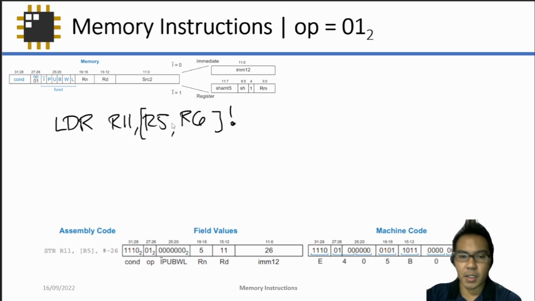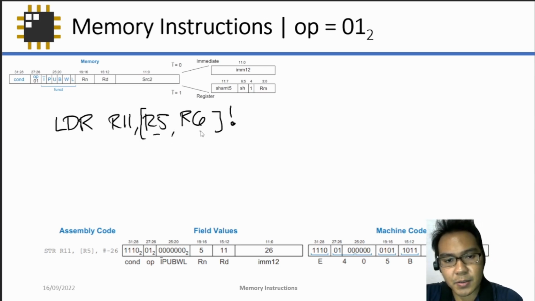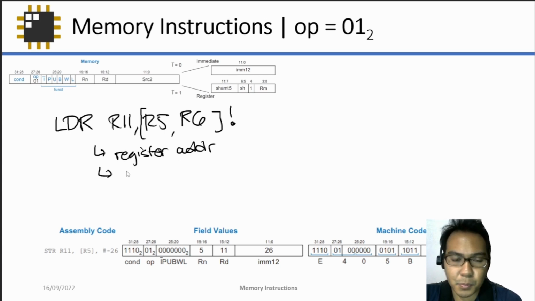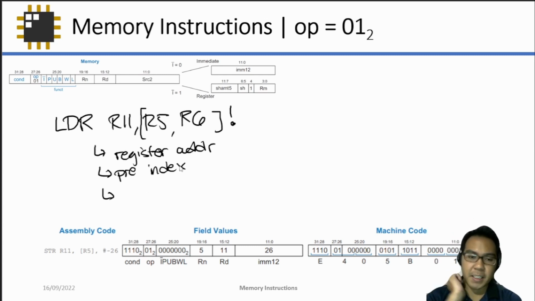Okay, so this is base, this is offset, and now let's get some properties. This is register addressing, pre-index.